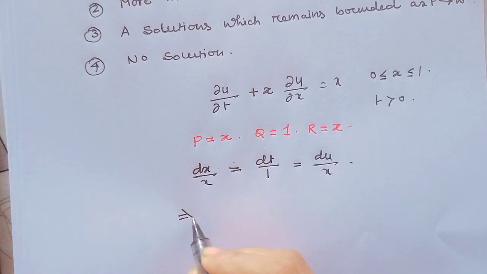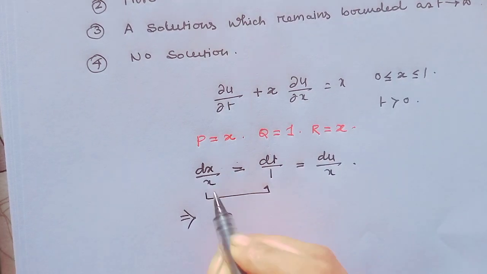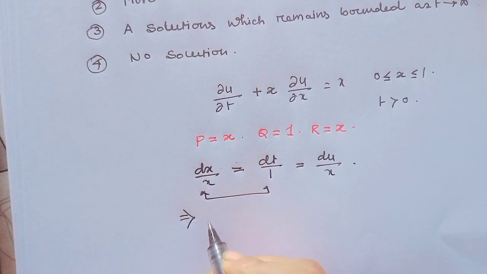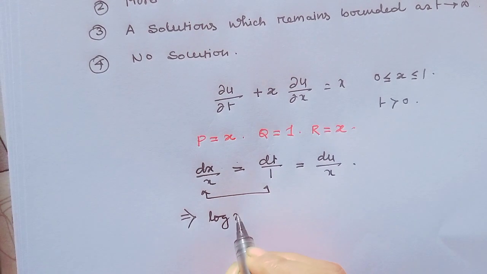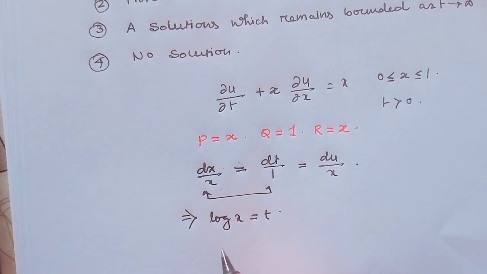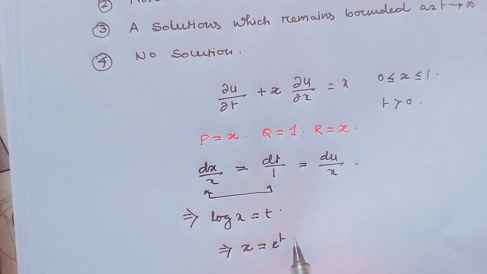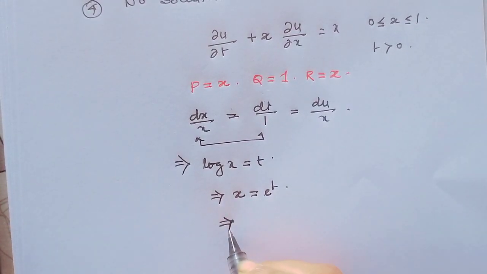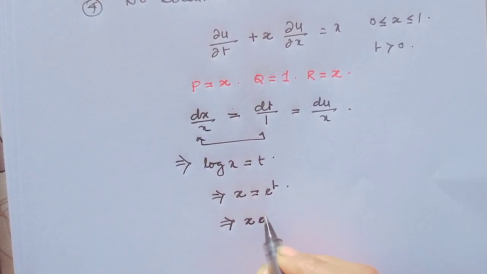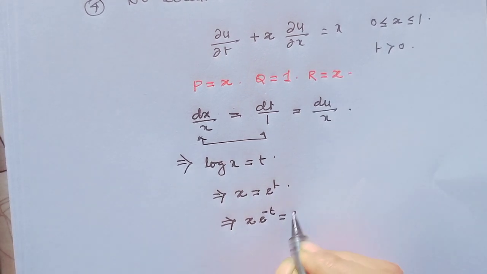If you compare these two equations, then that implies log x equal to t. That implies x equal to e to the power t. So it implies x e to the power minus t equal to c1.